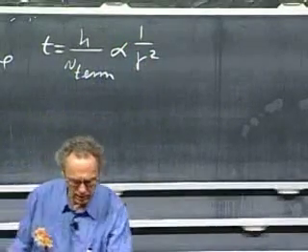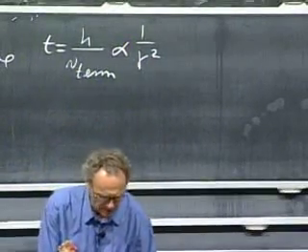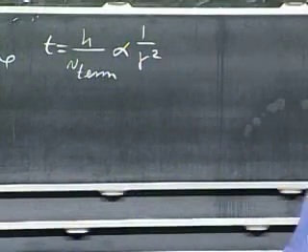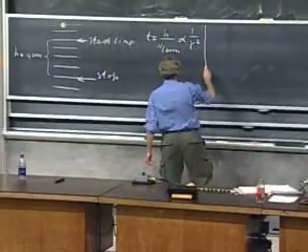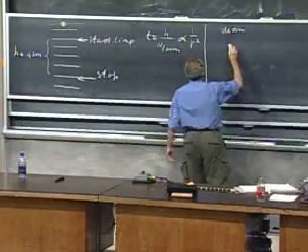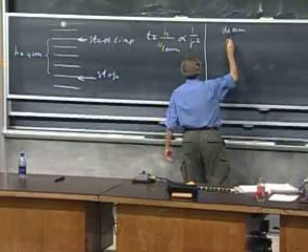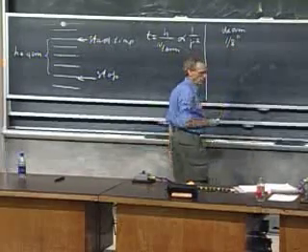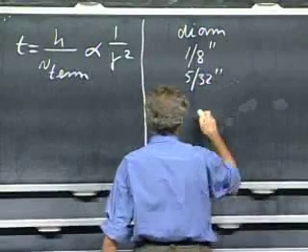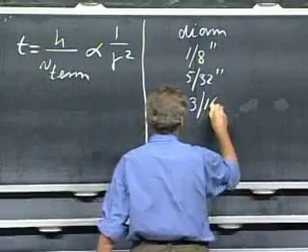Now I will give you not the radii, but the diameters of these ball bearings. That's the way they come. So we're going to get a list of the diameters of the ball bearings, and the diameters are in inches. My smallest one has a diameter of 1/8 of an inch. Then I have 5/32, I have 3/16.